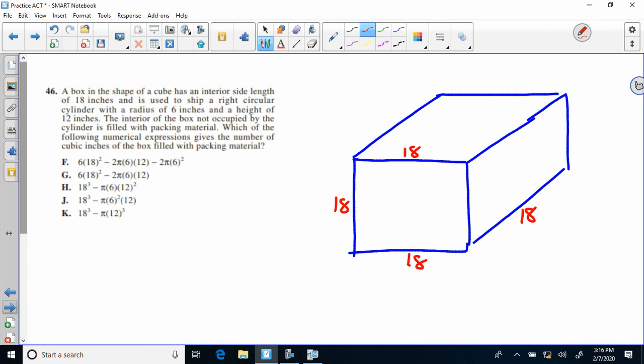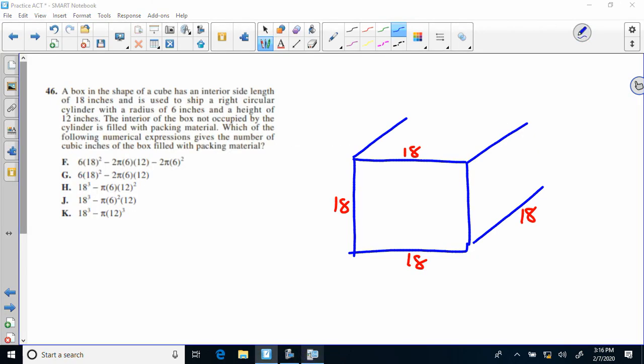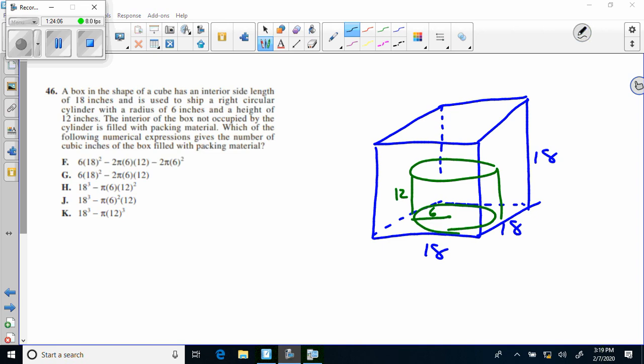It's used to ship a right circular cylinder with a radius of 6 inches and a height of 12. Hang on, I hit the wrong button. Okay, our picture should look better now.